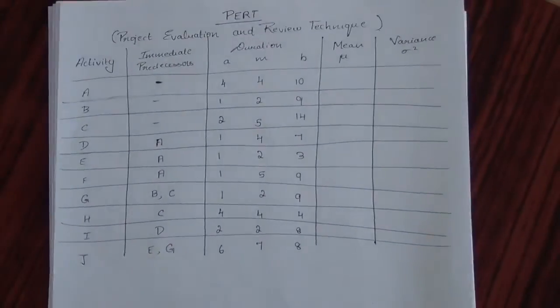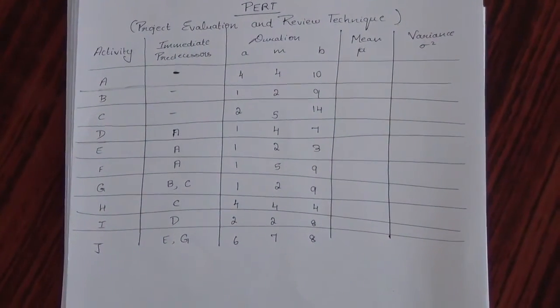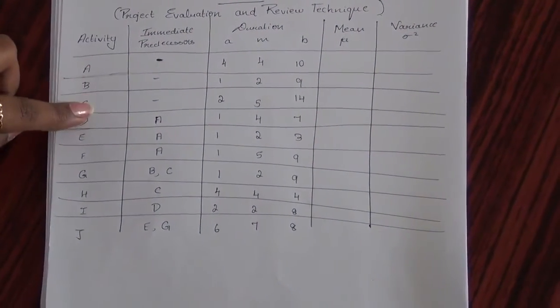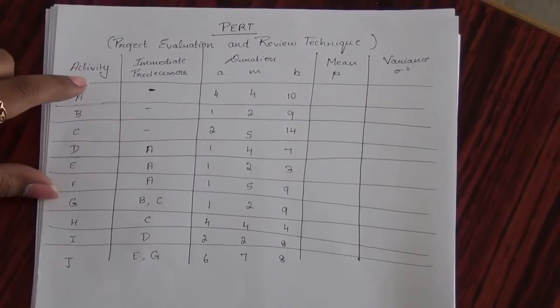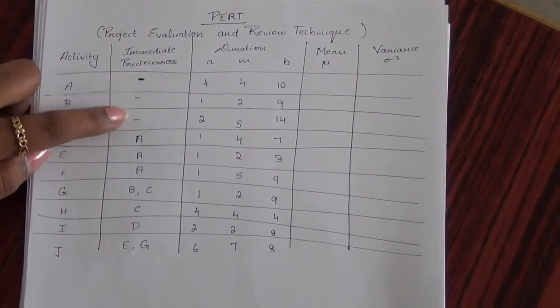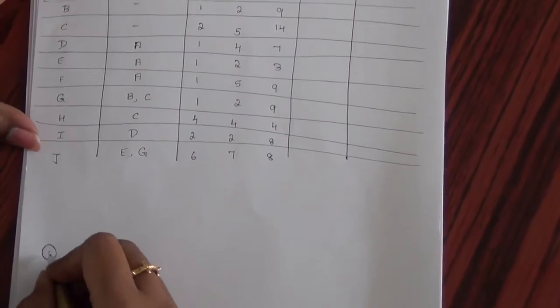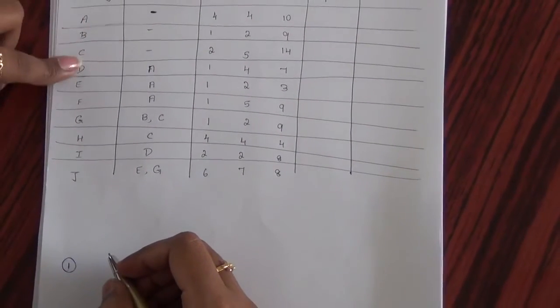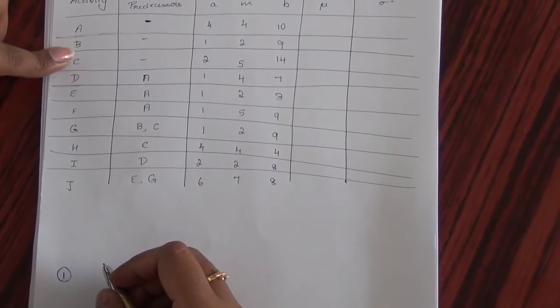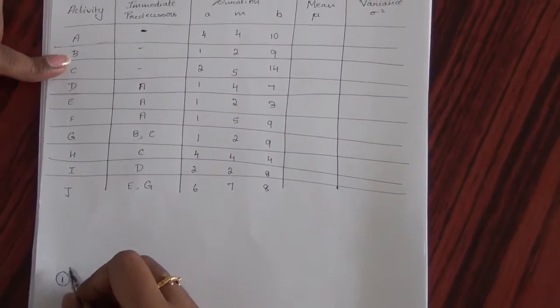For constructing the project network, we have to find the number of activities who do not have an immediate predecessor. Here we have 3 activities who don't have immediate predecessors. So first I'll start with activity number 1. And since A, B and C do not have immediate predecessors, I'm connecting them to number 1.